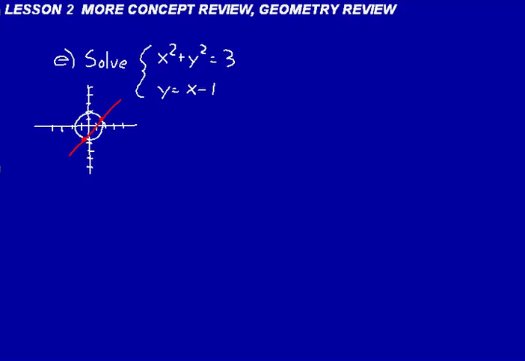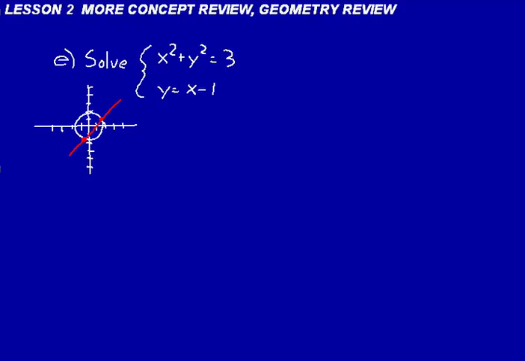And that's what we're looking for when we solve a system of equations like this: where do those two functions intersect each other on a Cartesian coordinate system? And actually, a circle is not a function, it's a relation. So where these two equations intersect each other on a Cartesian coordinate system would be a better way to describe this. We should end up with 2 points, 2 xy points for answers here.